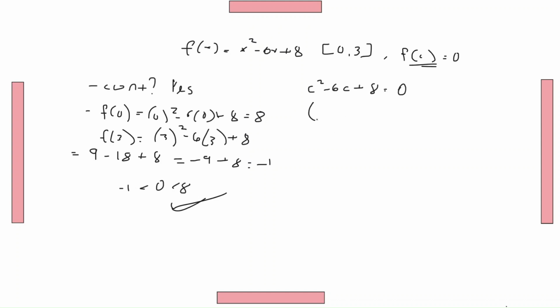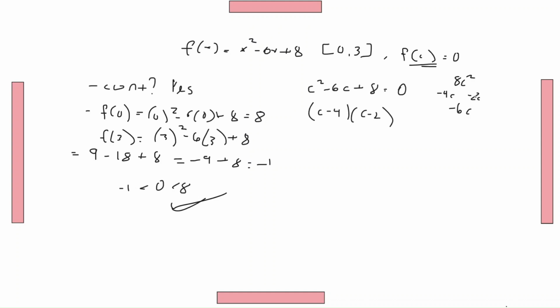So we could factor this expression, and we would get that it's equal to c minus 4 times c minus 2. And the reason we could tell, if you forgot a little bit of how that works, is we ask what two numbers will add up to give you negative 6, and also multiply to give you 8.